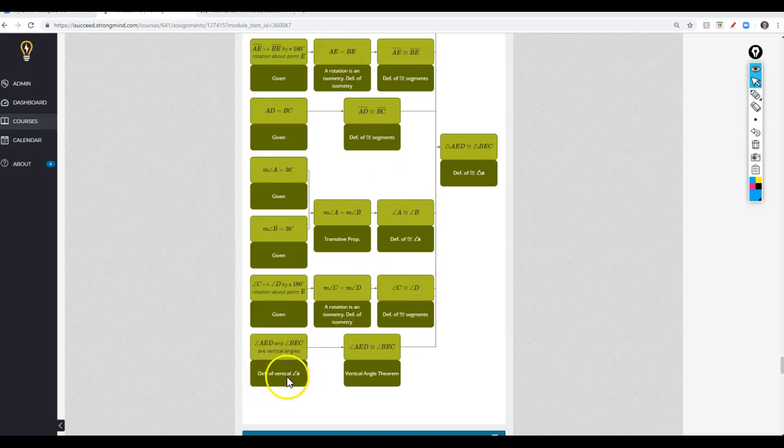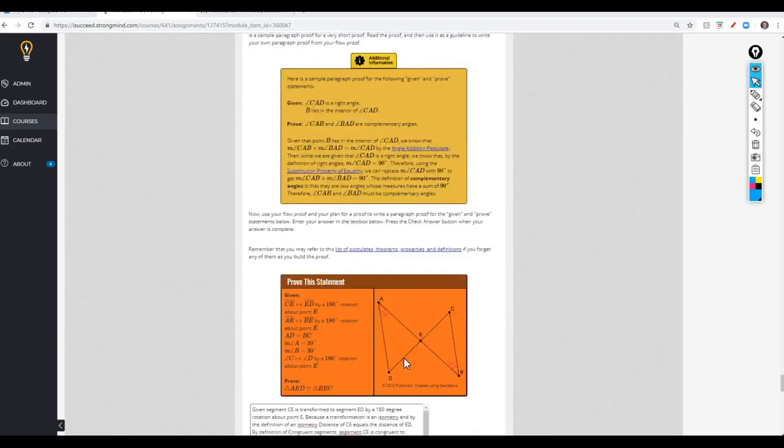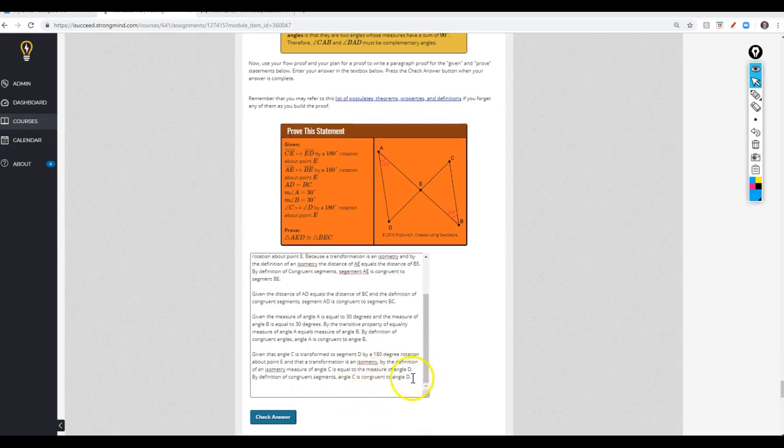By definition of vertical angles, angle AED and angle BEC are vertical angles. So that's what we would state.